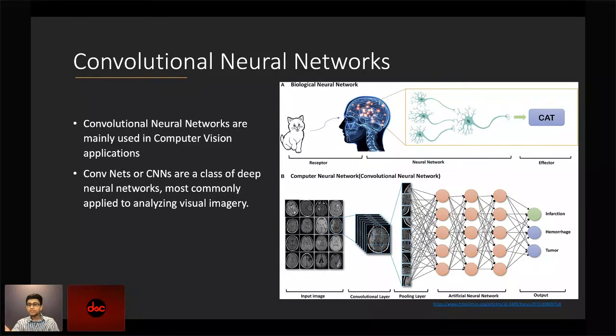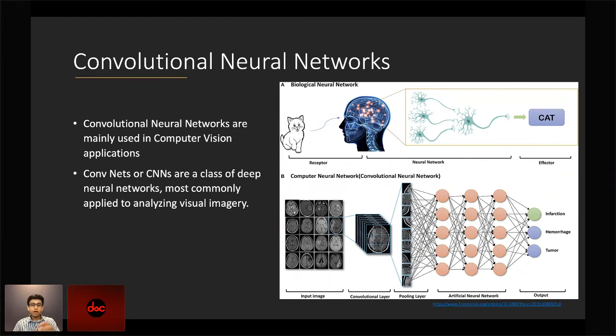And then at the end, you can see on the right at the top, it identifies that image as a cat. So this is how a biological neural network works. And the goal of a convolutional neural network in computer vision is to recreate this process, but in a software setting.